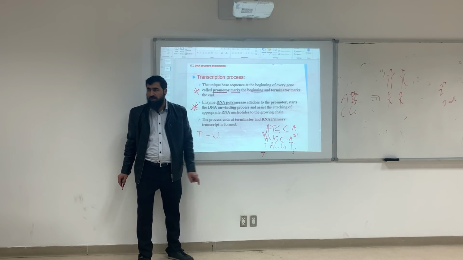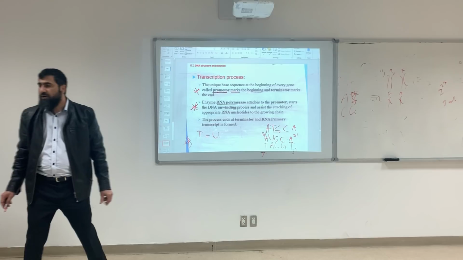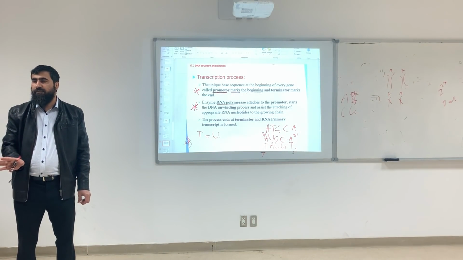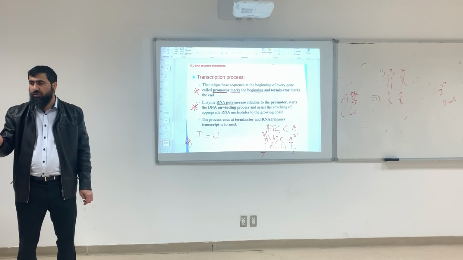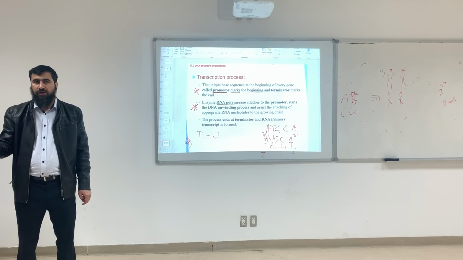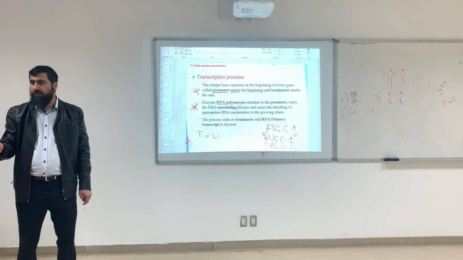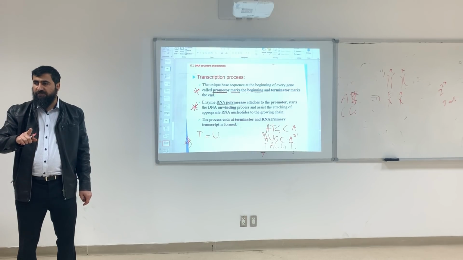You don't need to know that, it's to do with the direction of how it's made. You remember the phosphate and the hydroxyl group? The hydroxyl group is on the 3rd carbon, and the phosphate group is on the 5th carbon.